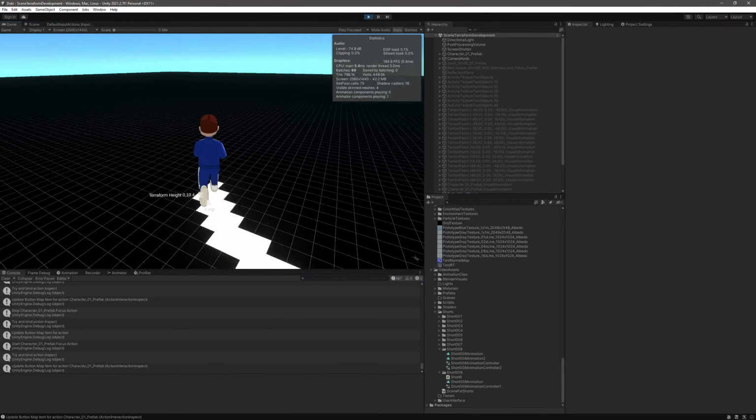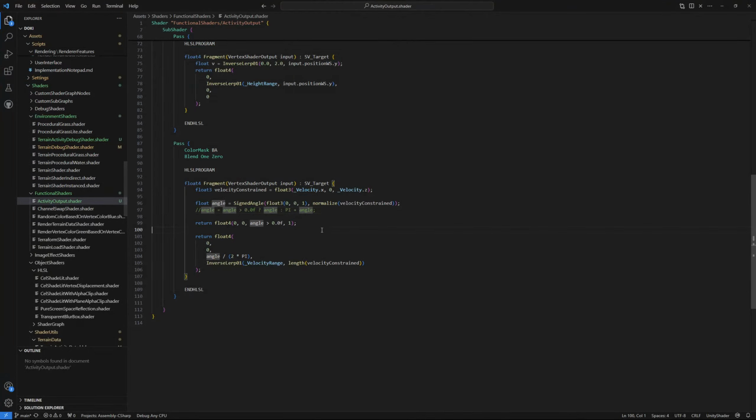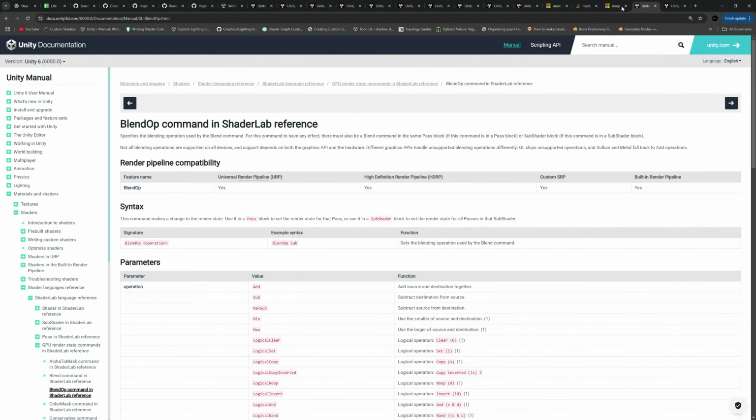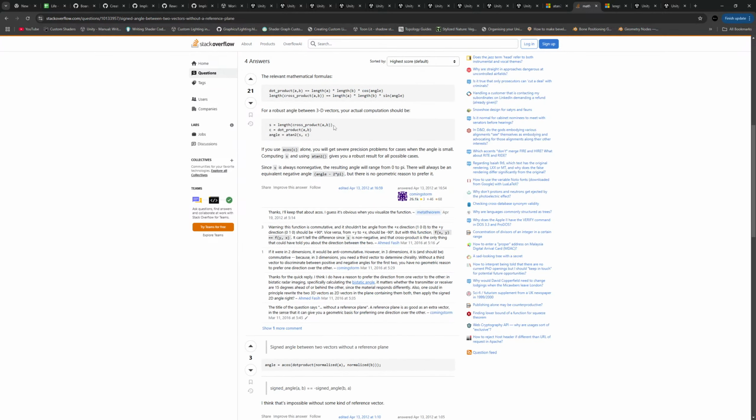White, white. Yeah, there we go. We still only output positive angles here, which means that signed angle here doesn't really work. And I don't know why, because to be honest, I don't fully understand the math we're doing here.